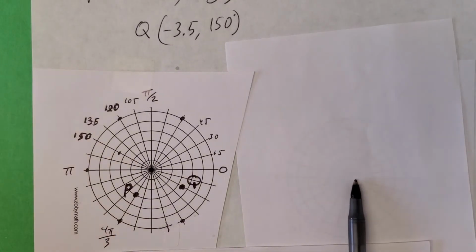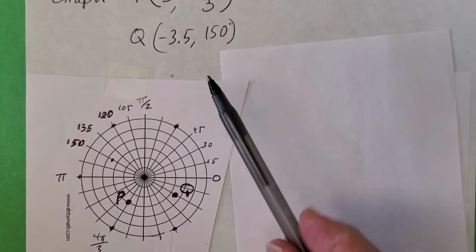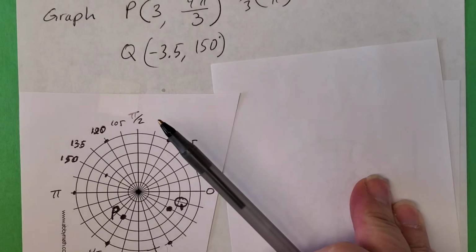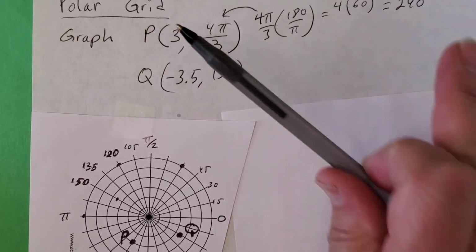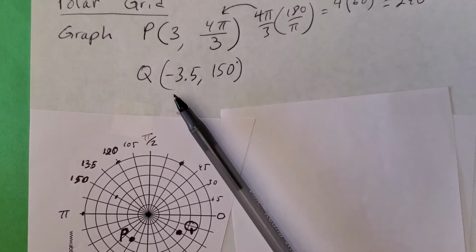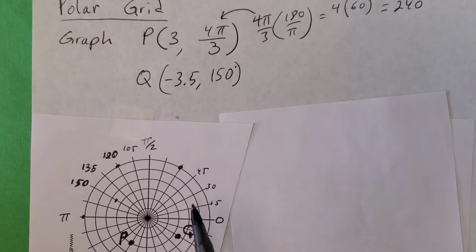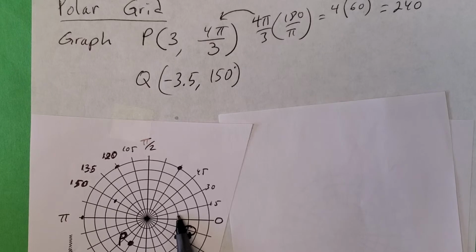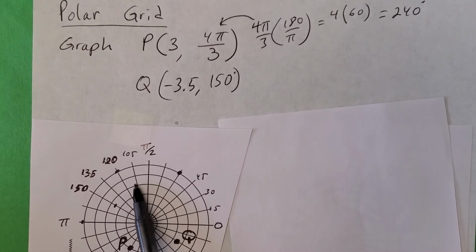Let's graph Q. Q is at negative 3.5, 150. So where's 150? Right? 90, 105, 120, 135, 150.